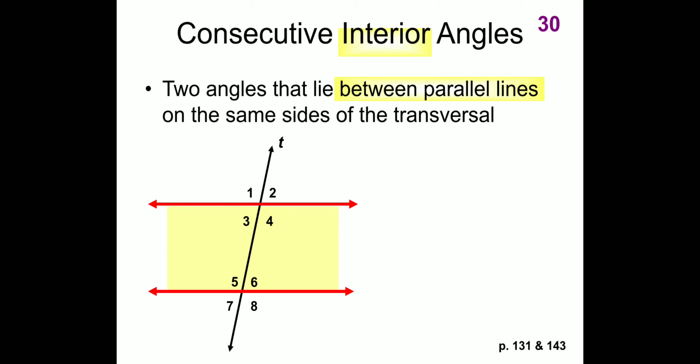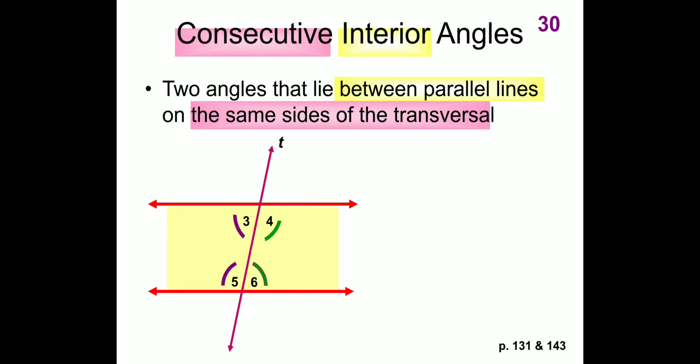Consecutive means they are on the same side. So here 3 and 5 are on the same side, so they are consecutive interior angles, and 4 and 6 are on the same side, so they are also consecutive interior angles.